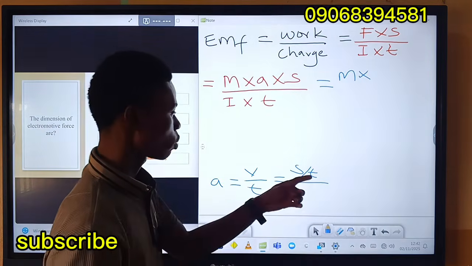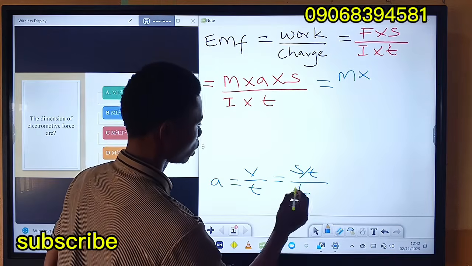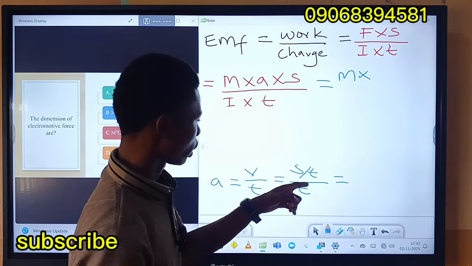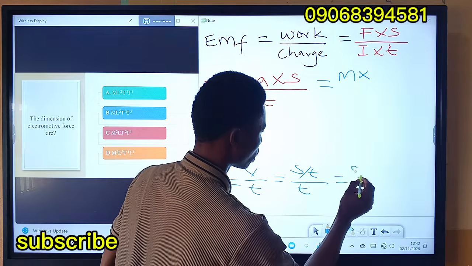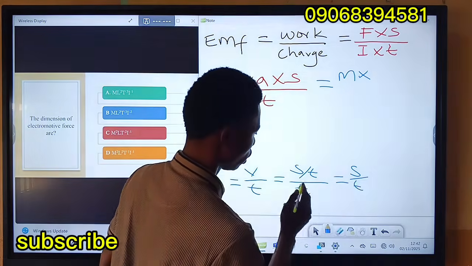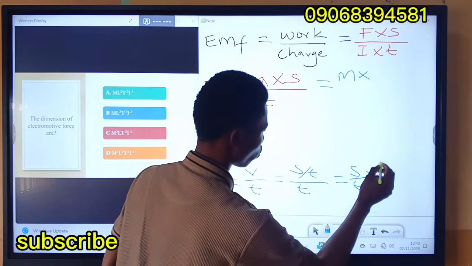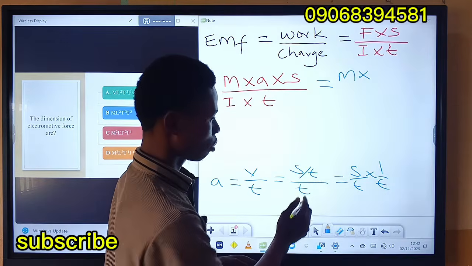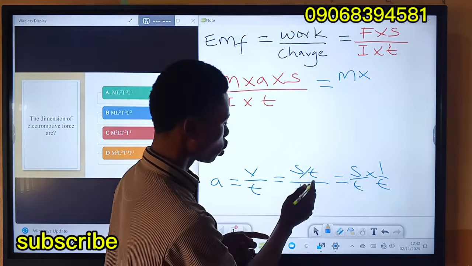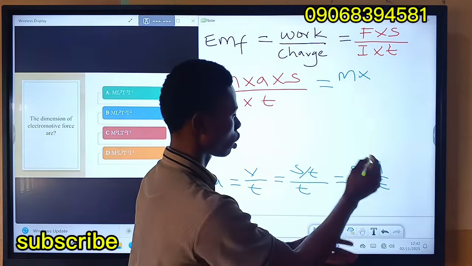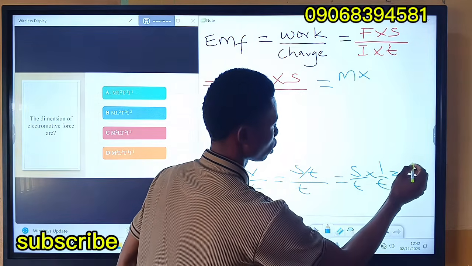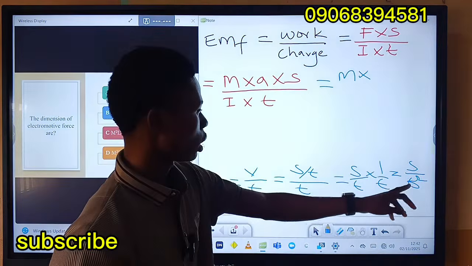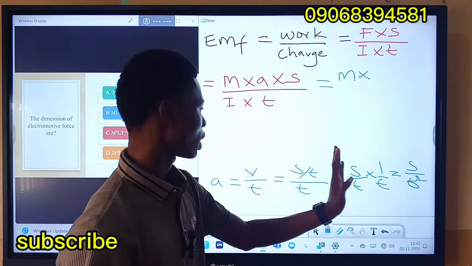So this will be distance over time, which is same thing as distance over time, then times 1 over t. Remember, this is same thing as distance over time divided by time. But rule of mathematics, if I want to change this division to times, I'll take the reciprocal, the inverse. So that will be s over t square. That is acceleration.